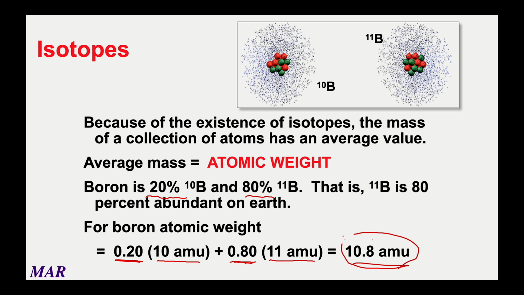That's how they got this number. Boron-11 about 80%, boron-10 about 20%. And probably to make the version on your periodic table, they used better numbers than we are using here. Like they used more sig figs. But this is how those numbers come around, and that's kind of cool.